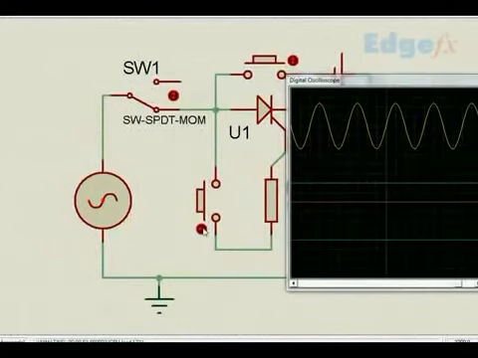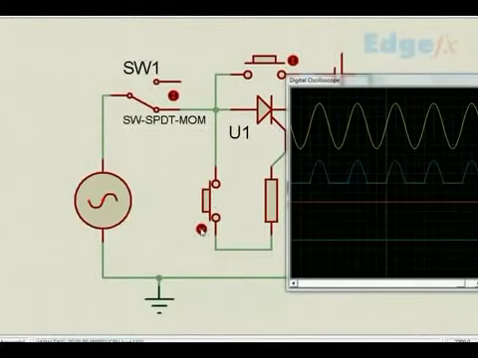Let's now see if I momentarily press it and release it. It's only when the current flows continuously, because every positive half cycle the current flows from gate to cathode. And when the supply comes to 0, obviously the current through the SCR comes to 0, so it goes out of conduction.